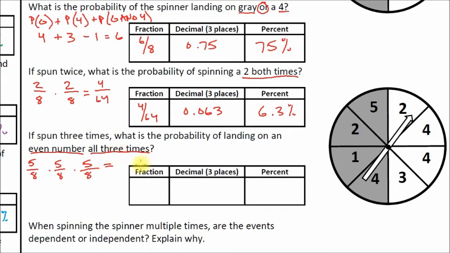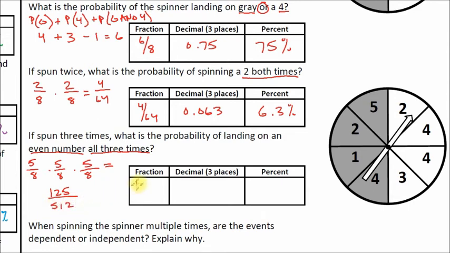Our only issue here is getting really big numbers. 5 times 5 times 5 is 125. 8 times 8 times 8 is 512. Let's write that a little bit clearer.